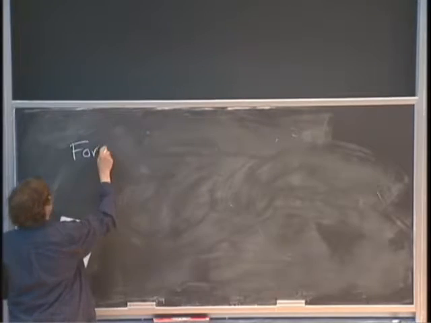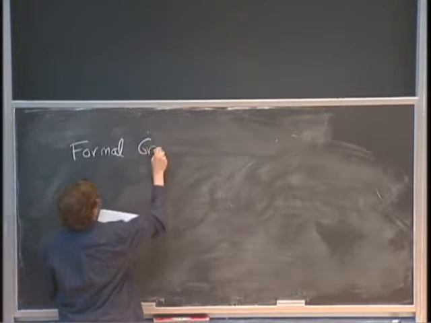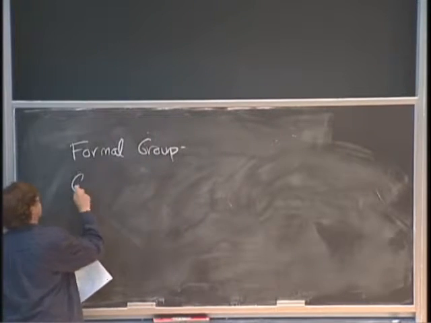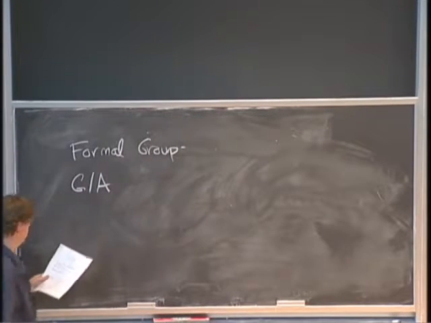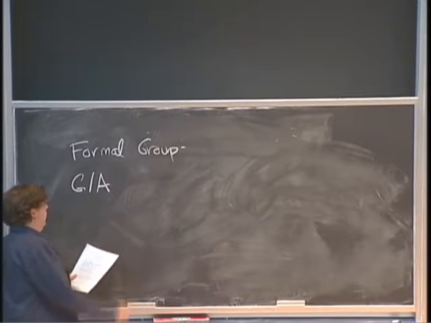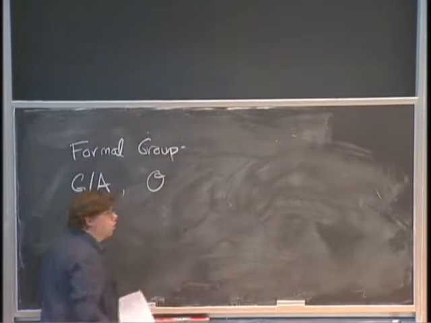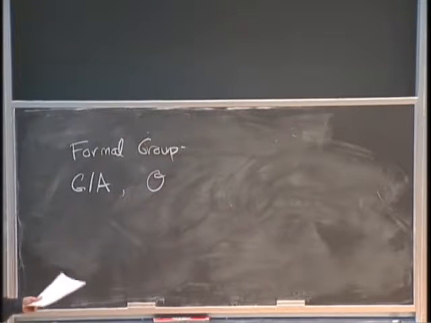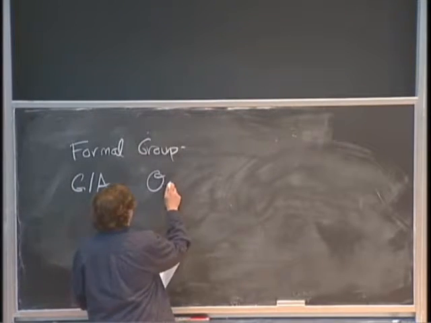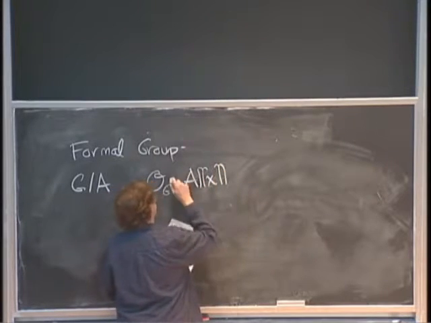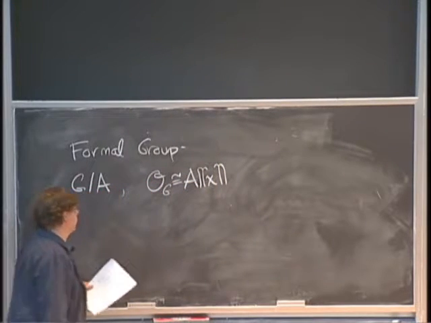All right, so let me remind you, formal group. I don't have to say what a formal group is at this point, right? So I'll talk about a formal group over A. I'll just remind you, just in case, that a formal group is a kind of coordinate-free version of a formal group law. So it's got a function sheaf, a function ring, which is isomorphic in some way to a power series ring.